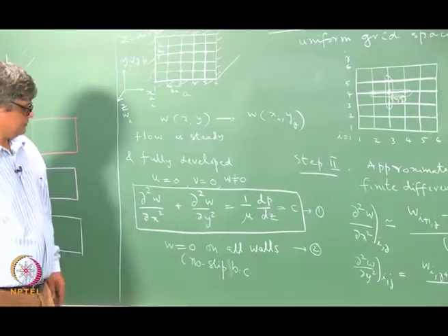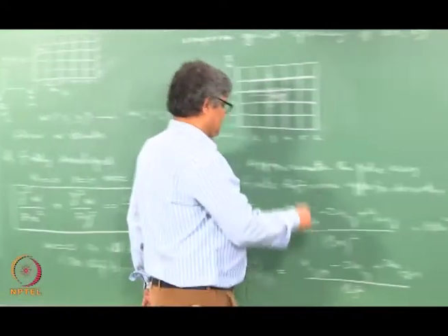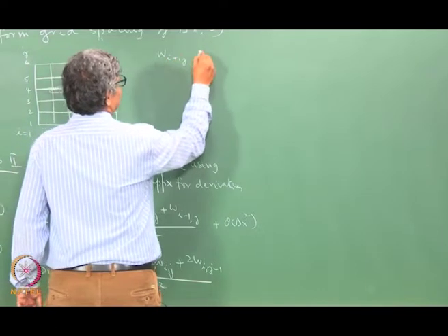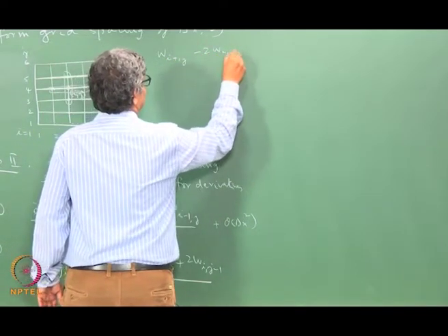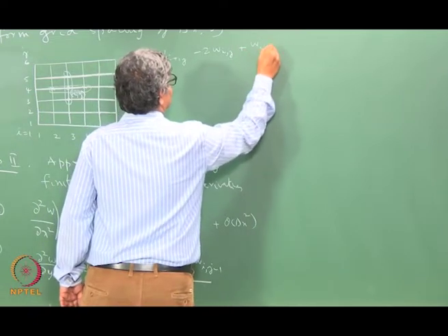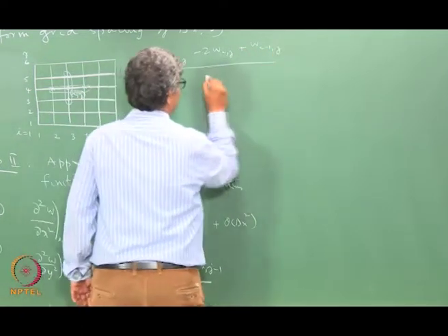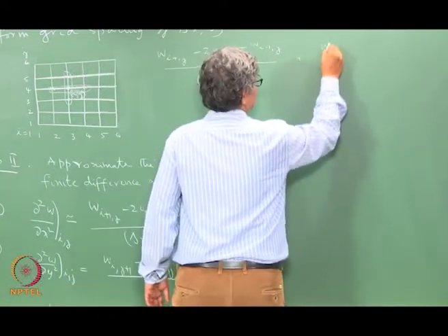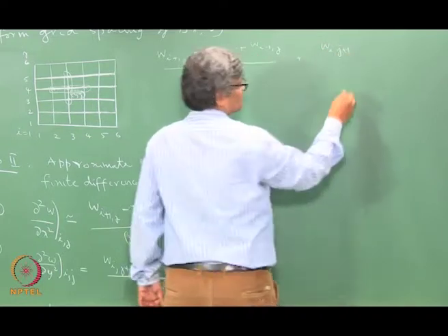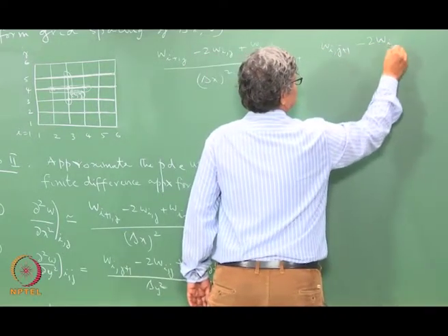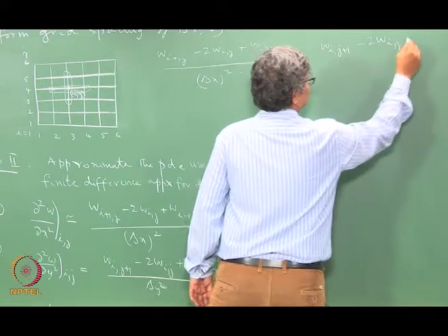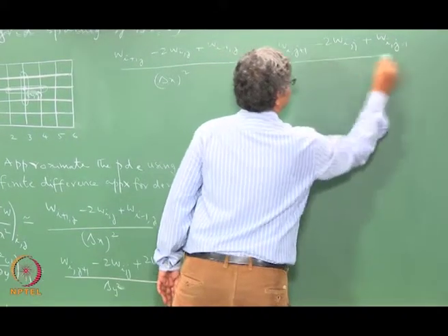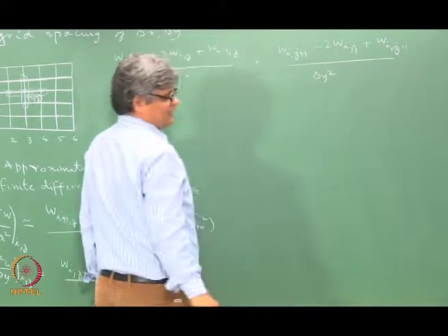we can now substitute these approximations in our equation here, and what we will get is W(i+1,j) minus 2W(i,j) plus W(i-1,j), divided by delta x square, plus W(i,j+1) minus 2W(i,j) plus W(i,j-1), divided by delta y whole square.